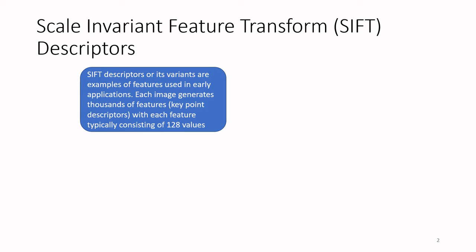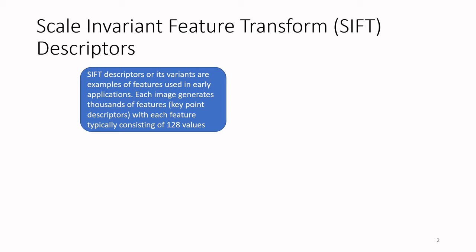To give you an example of what kind of features were used, there are descriptors known as scale invariant feature transform, or SIFT descriptors.